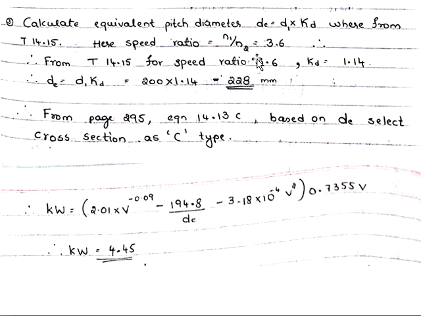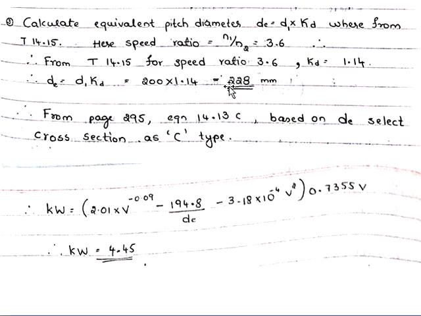But here in our problem, the DE value is 228. Therefore, we have to choose a DE value which is slightly higher than 228. So the next value which is greater than 228 in that table is 300 mm.